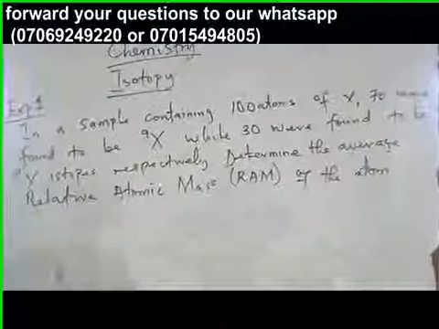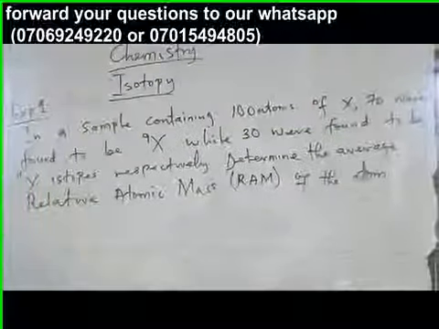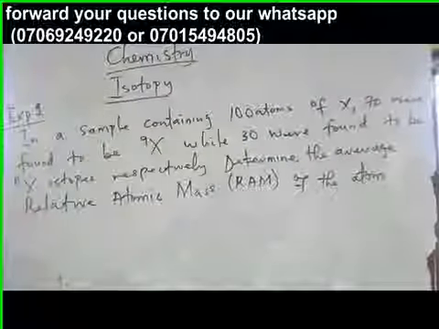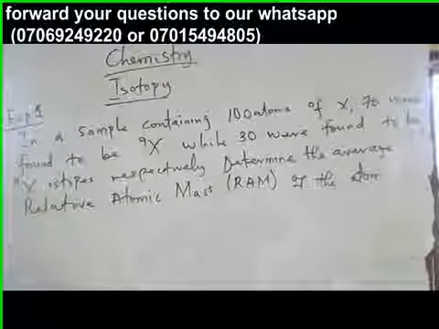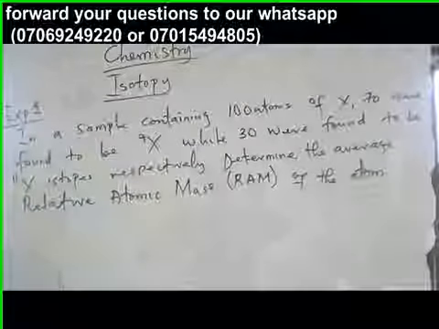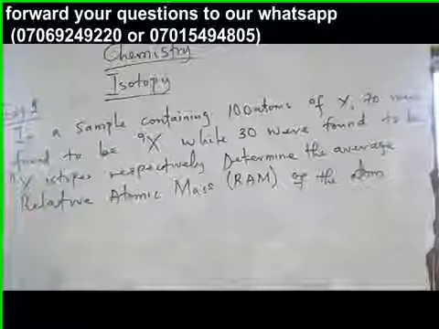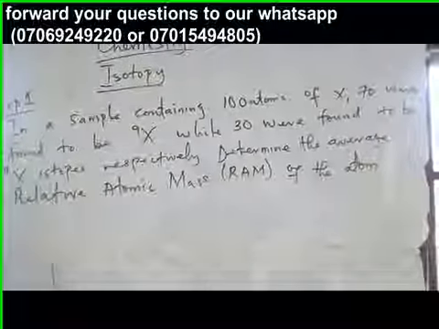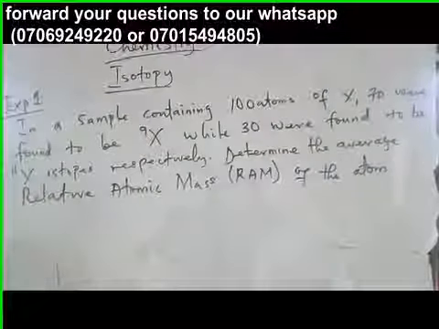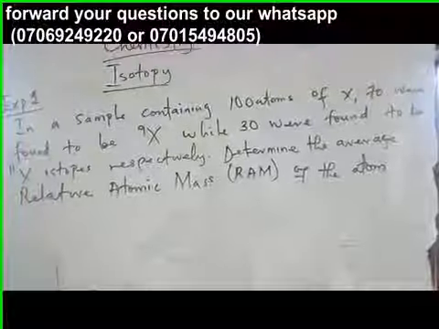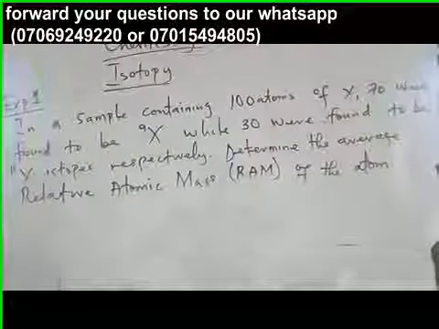In example 1, in a sample containing 100 atoms of X, 70 were found to be X9, that is atomic mass of 9, while 30 were found to be X11 isotopes respectively. Determine the average relative atomic mass (RAM) of the atom.